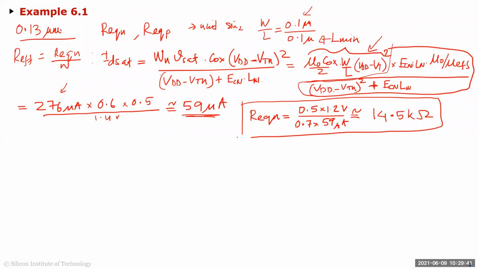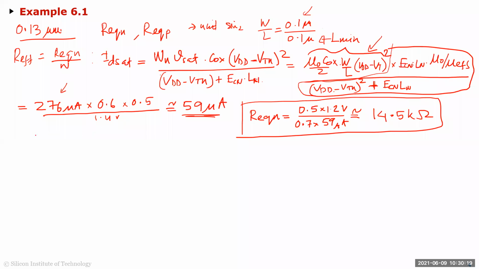If we had used the long channel approximation, this would have been 14.5 times 59 divided by 276.